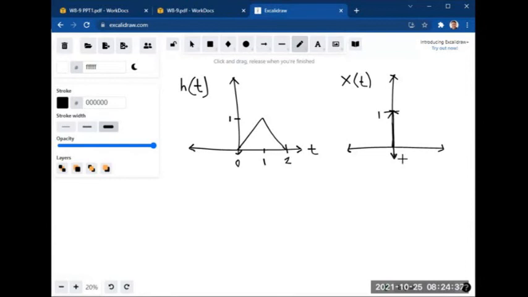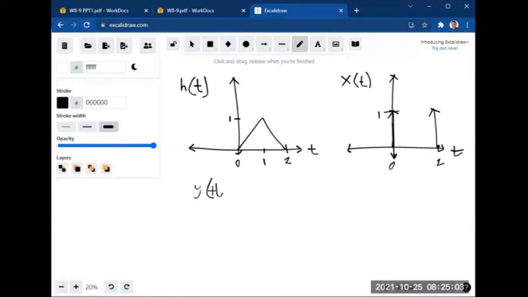We have an impulse signal with a height of 1 at time 0. Also at time 2. Let's do it like this, so you can see better what convolution does.